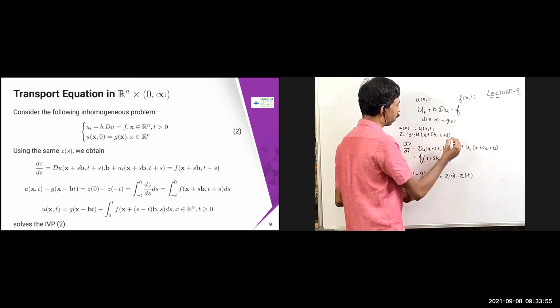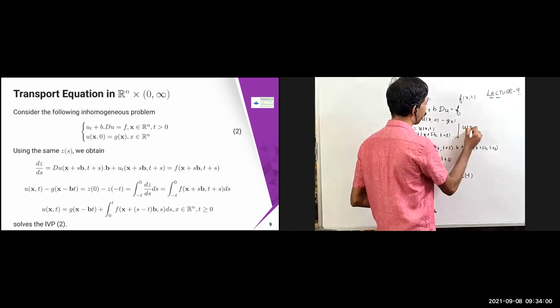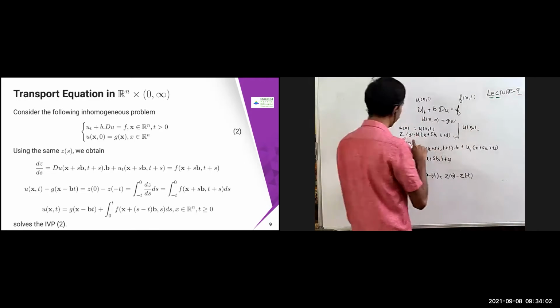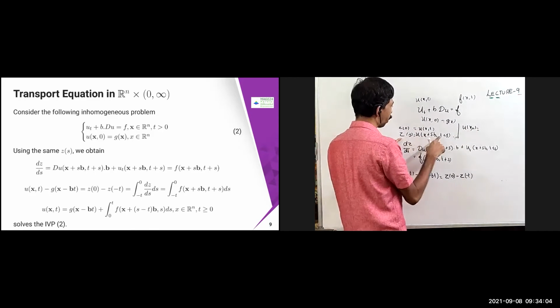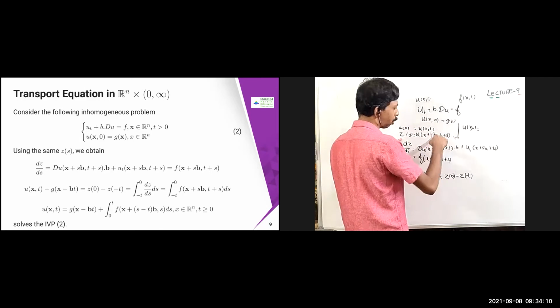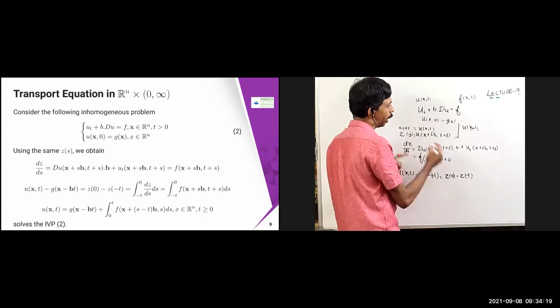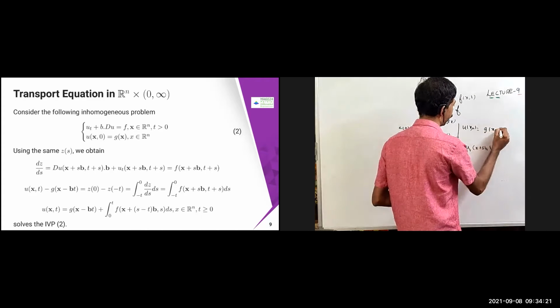So as per this, I have to find what is my u of x comma 0. So u of x comma 0 is nothing but, as per this, if I put s equal to minus t, this is going to become 0, and this is going to become my g of x minus bt, because that is going to give me x minus tb, that is nothing but u of x comma 0. Okay. So this is nothing but g of x minus tb.